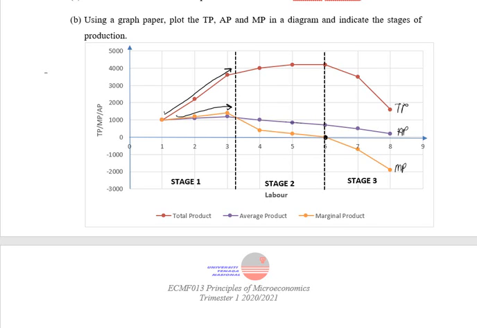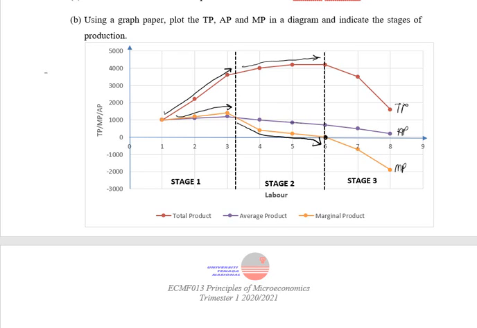And when your total product starts to increase at a decreasing rate, meaning your total product increases but no longer steeply, the curve becomes flatter at stage 2. So TP is a bit flatter. What happens at marginal product is that marginal product decreases, showing that the additional production is declining.